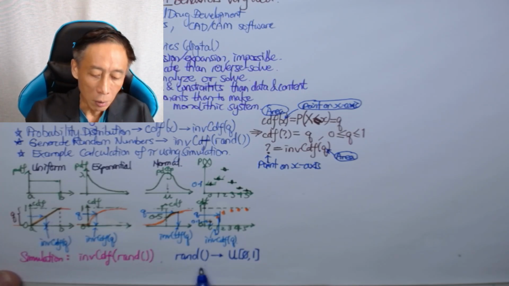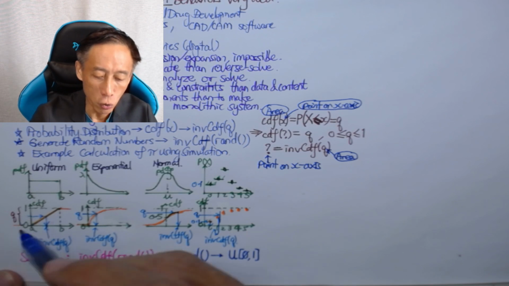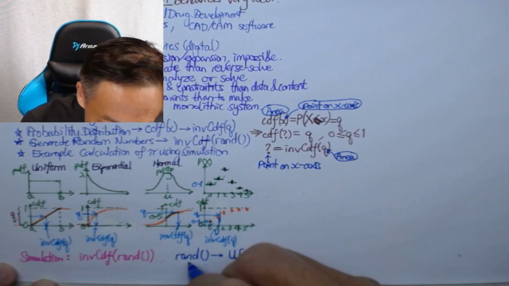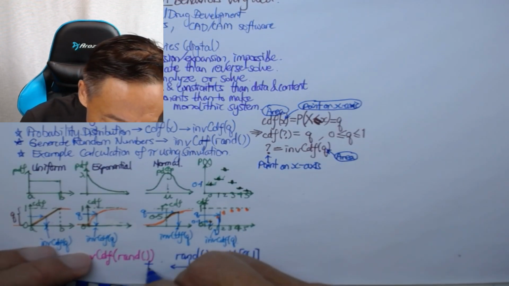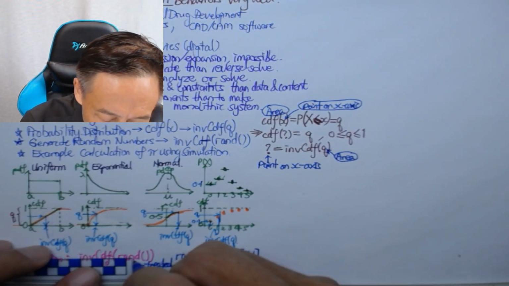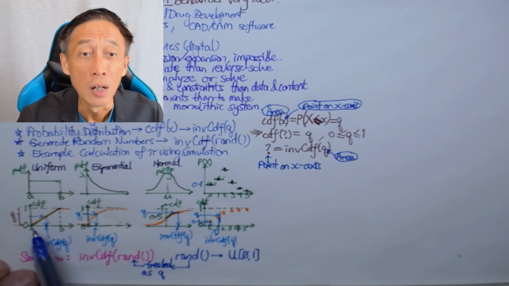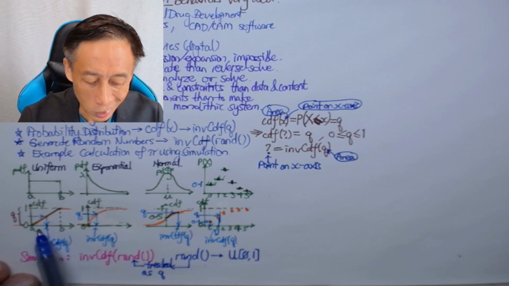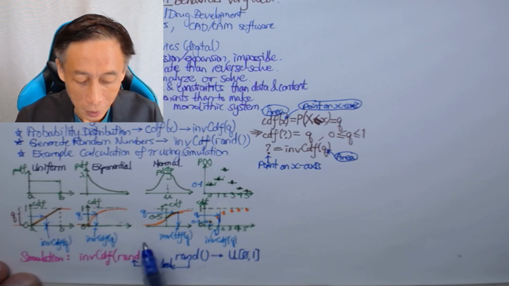And with that, the InvCdf will treat this rand number as Q. We treat it as if it is the CDF value piped into InvCdf, and InvCdf will map it to the relevant feasible range for x, like between a and b for uniform, between 0 and infinity for exponential, and so on.